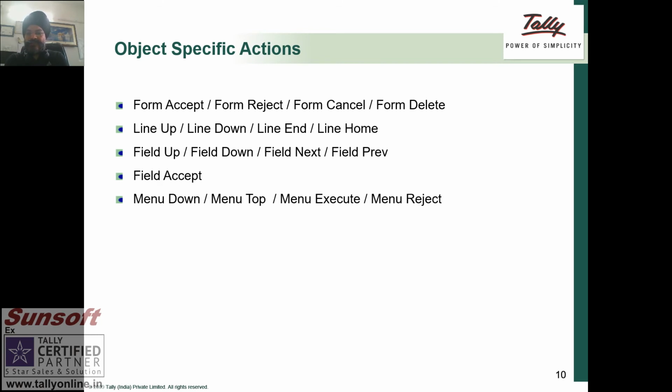Now object specific actions are form accept, form reject, form cancel, form delete, line up, line down, line end, line home, field up, field down, field next, field accept, menu down, menu top, menu execute, menu reject. So these are the object specific actions.